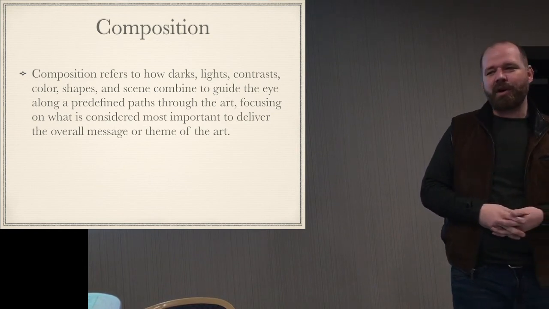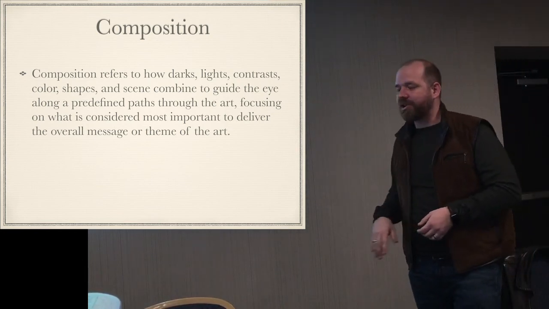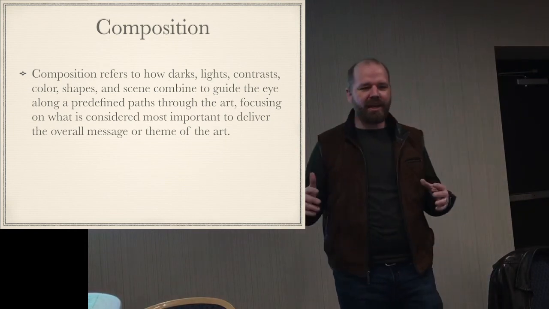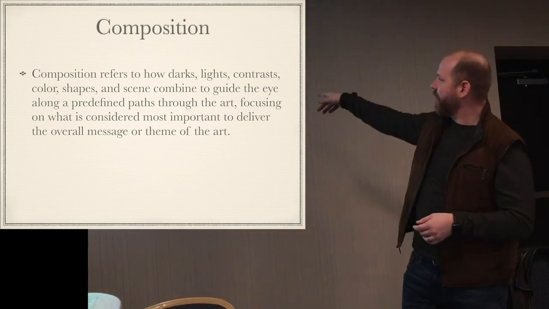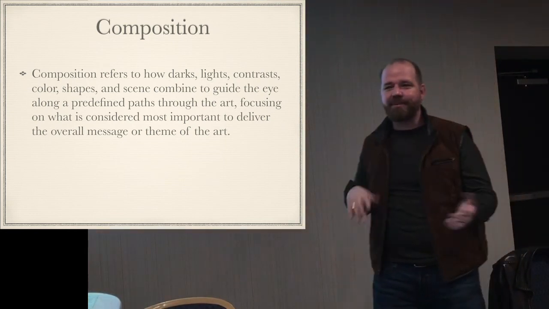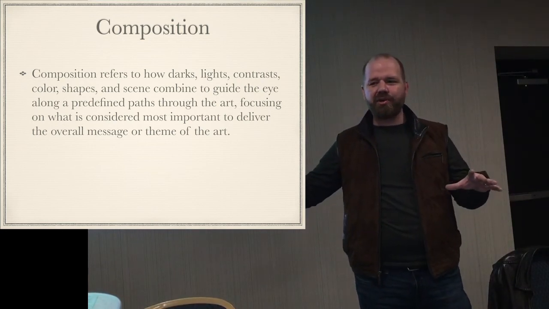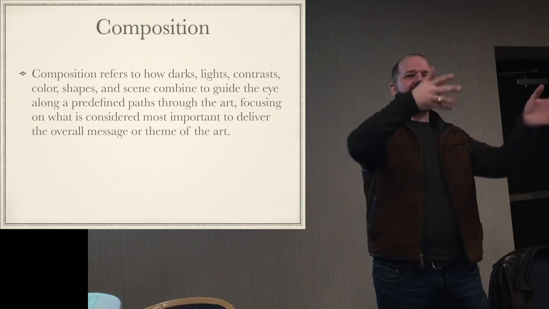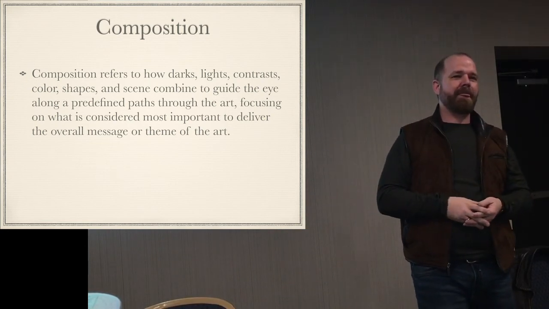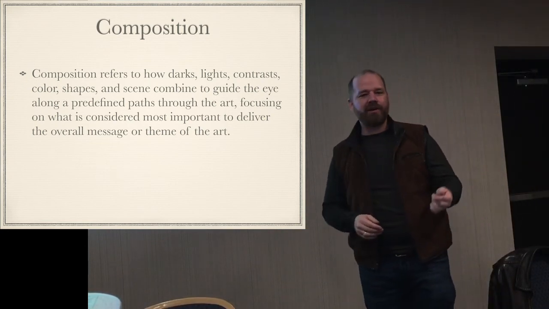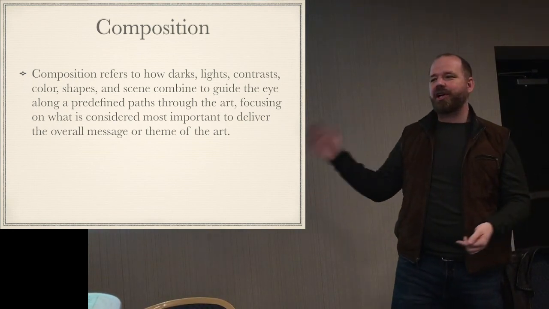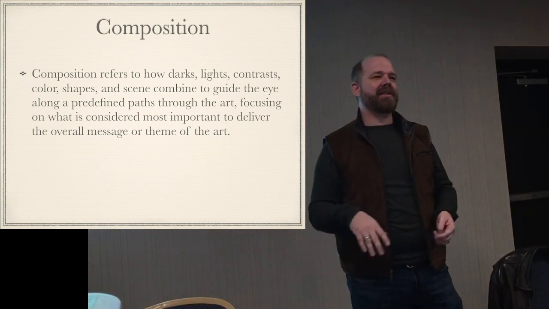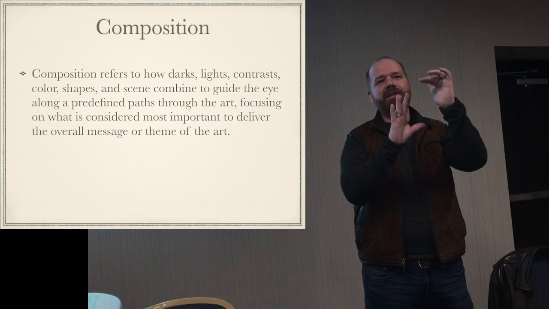But basically when people use the word composition, they're referring to how you use lights and darks, contrast, shapes, all these different things to create a path that guides the eye to wherever you want it to look. When you make a book cover, especially if you're publishing on Amazon or other places, those covers get shrunk down pretty small.